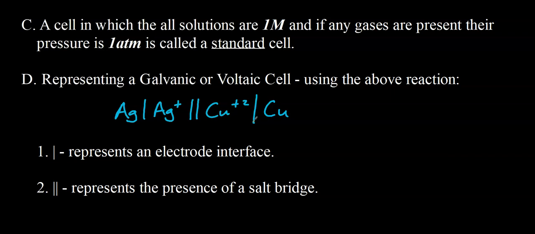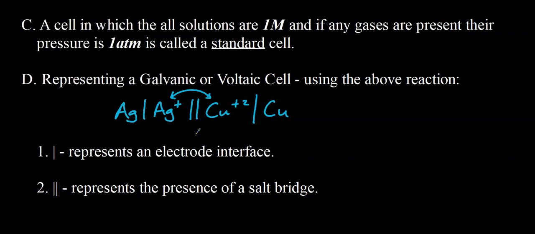So you have a piece of silver metal in a solution of silver ions, and in the other half cell, you have a piece of copper metal in a solution of copper 2 ions. That's how we interpret the single lines. The double line represents our salt bridge, so the two solutions are attached to each other via this salt bridge.